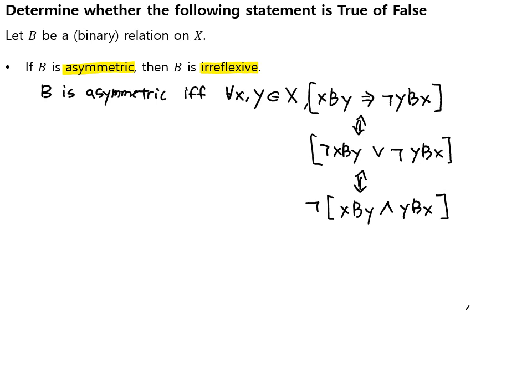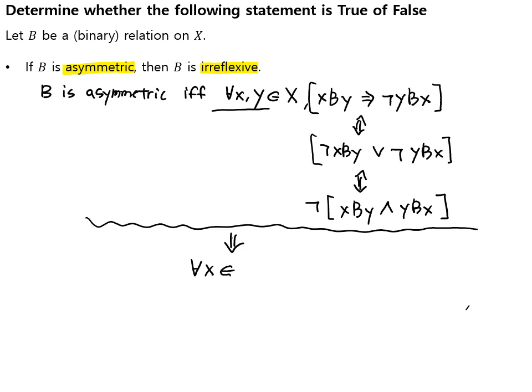But you can also see that x and y could be anything in set X, which means that this universal quantifier implies that the whole statement applies even when x and y are the same thing, right? So this applies to the special case when x and y are the same.